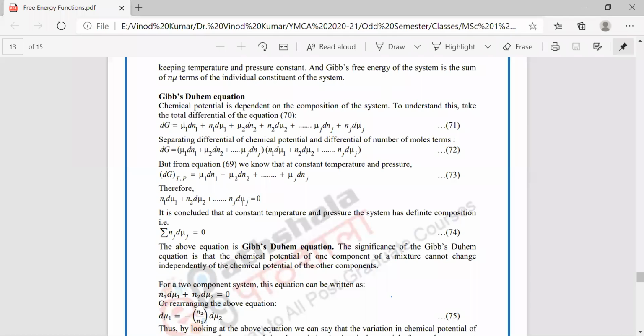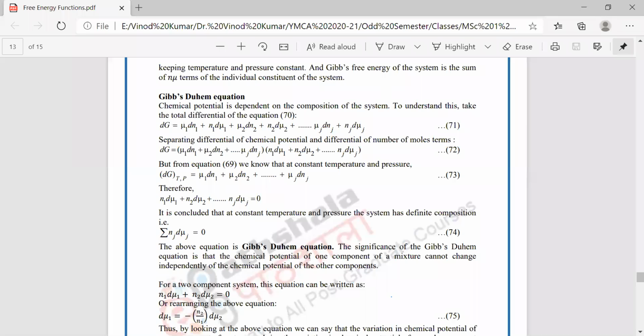If their value is 0, then we have n1 d mu1 plus n2 d mu2 plus nj d mu j equal to 0. So we can conclude that if temperature and pressure are constant for the system, then the summation of nj d mu j is equal to 0. And this equation is known as the Gibbs-Duhem equation.